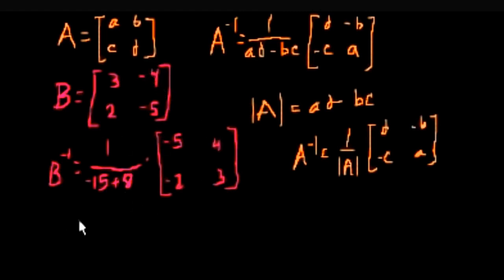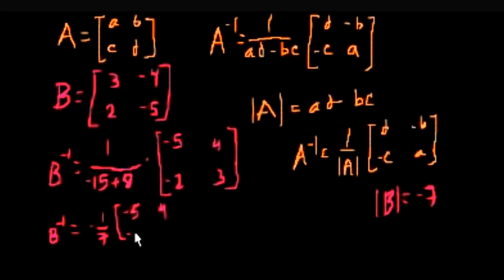And let's see if we can simplify this a little bit. So B inverse is equal to, minus 15 plus 8 is minus 7, so this is minus 1/7. So the determinant of B is equal to minus 7. So it's minus 1/7 times the matrix minus 5, 4, minus 2, 3.